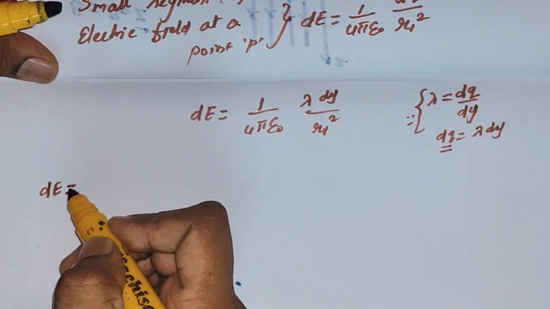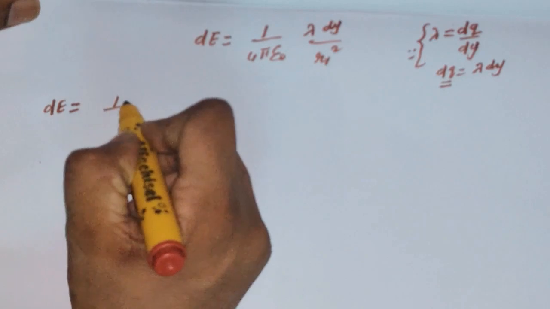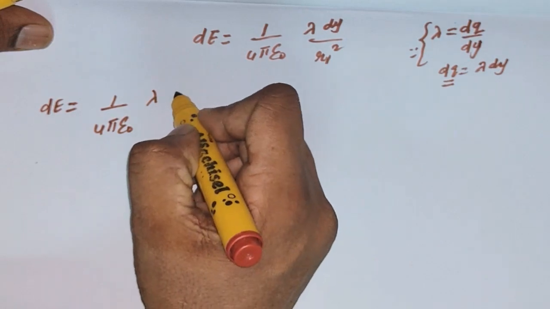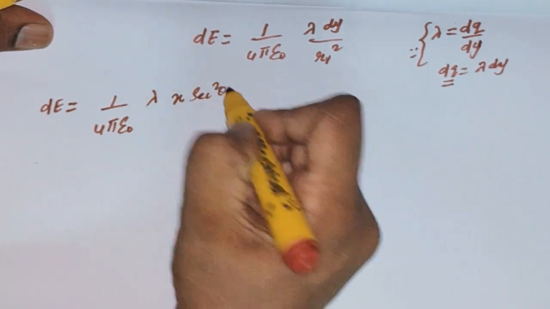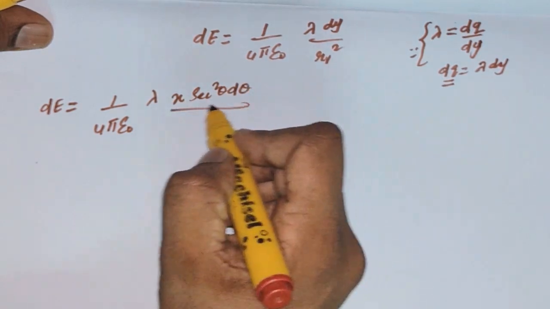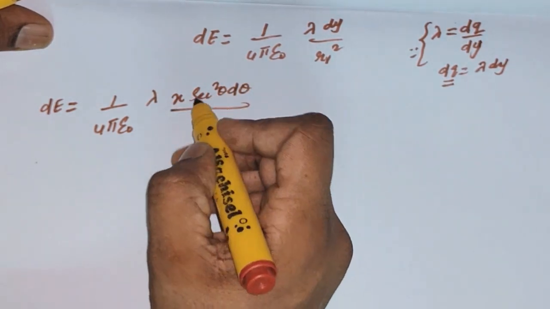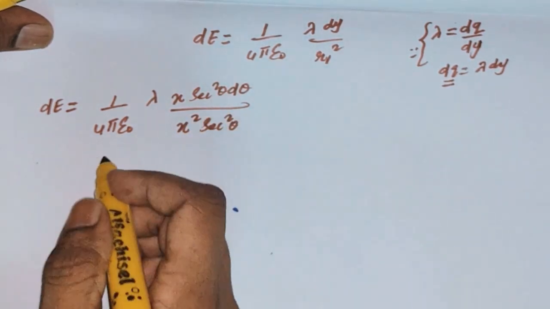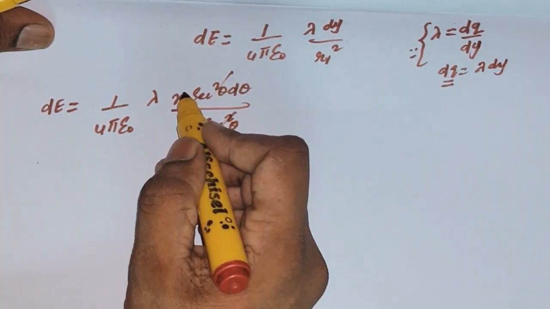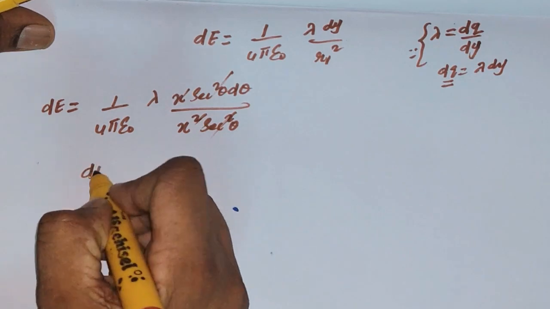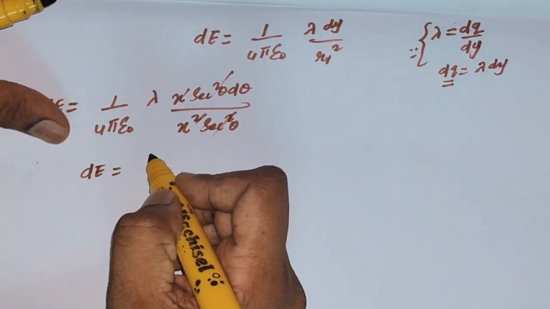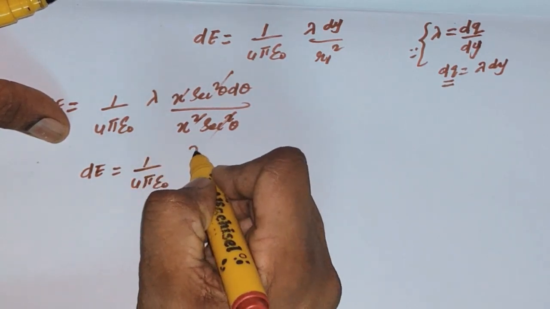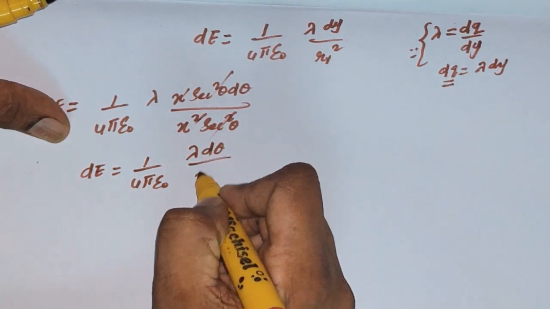Then dE equals 1 by 4 pi epsilon naught, lambda times dy, which is x secant square theta d theta, divided by r1 square, which is x square secant square theta. You can cancel secant square theta with secant square theta, and one x with one x. So dE, the small segment's electric field at the point P, is 1 by 4 pi epsilon naught lambda d theta divided by x.